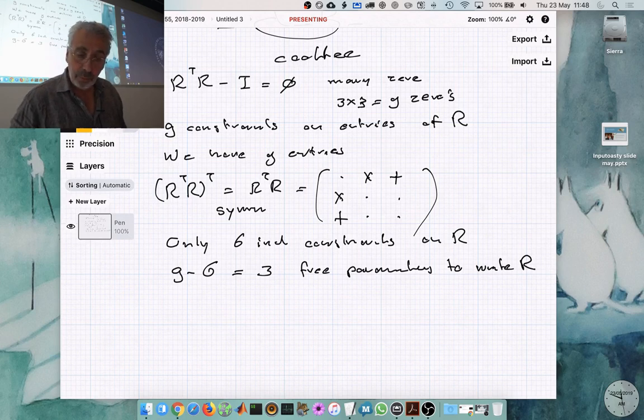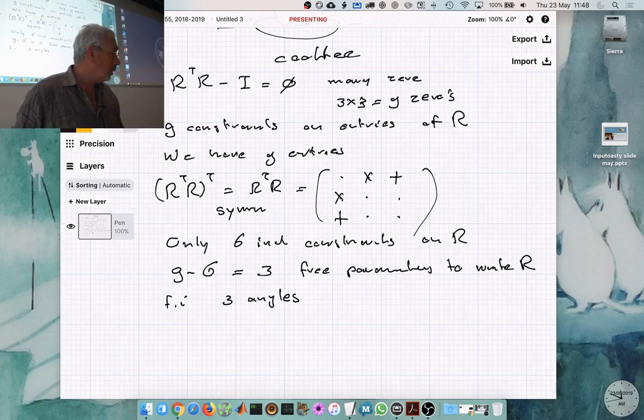Yeah. For instance, 3 angles. Which angles? Well, about the x-axis, the y-axis, and the z-axis, right?